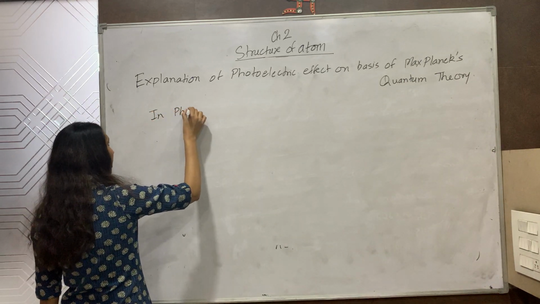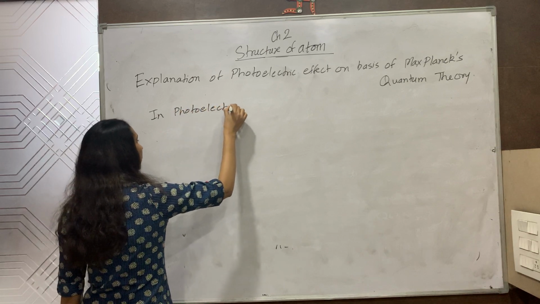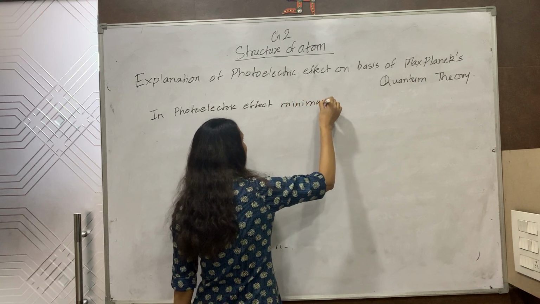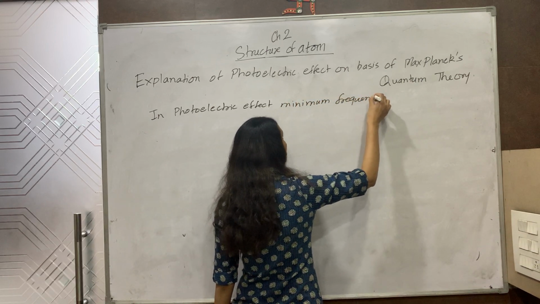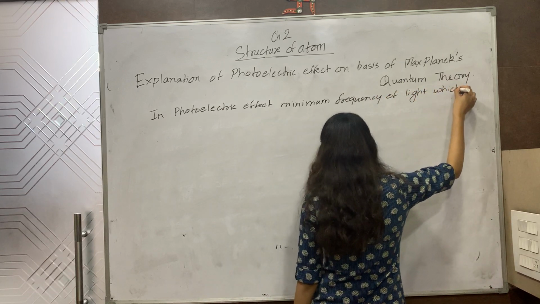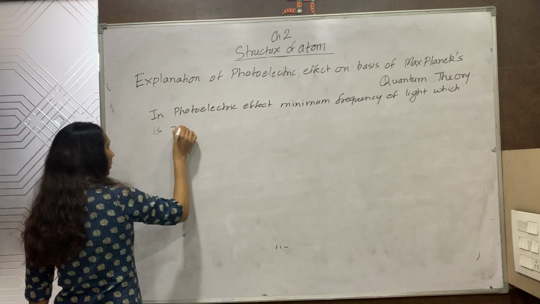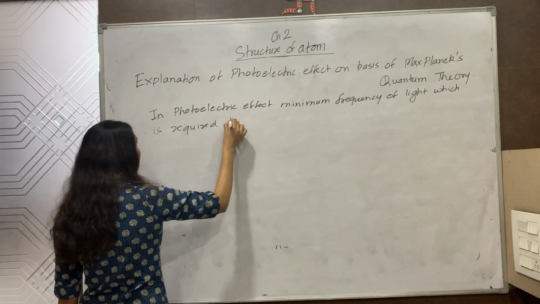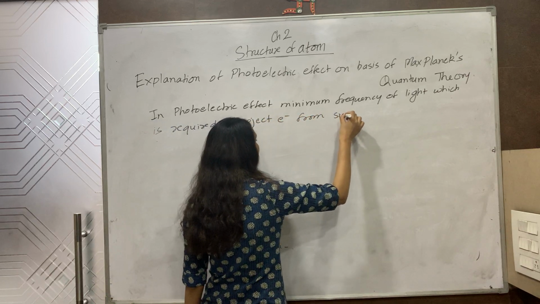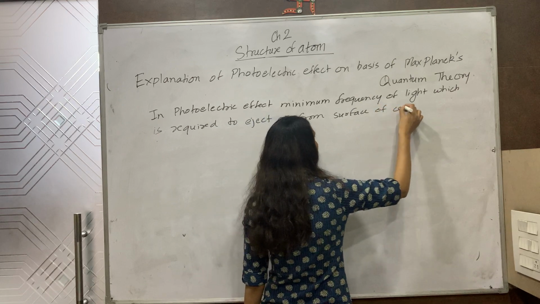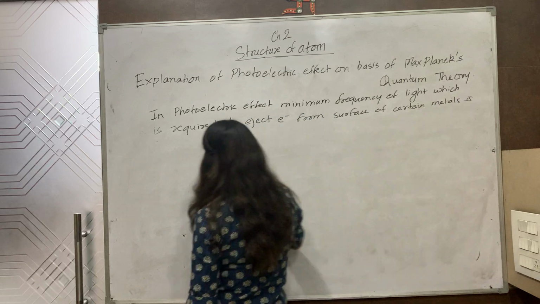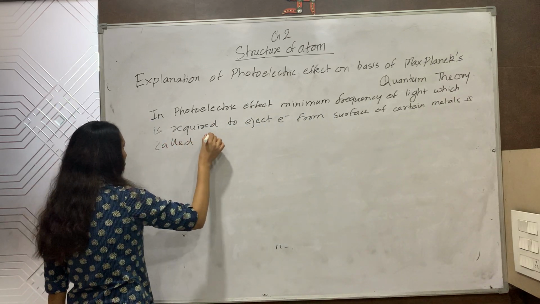So in the photoelectric effect, the minimum frequency of light which is required to eject the electron from the surface of certain metals is called the threshold frequency. We have already done it.